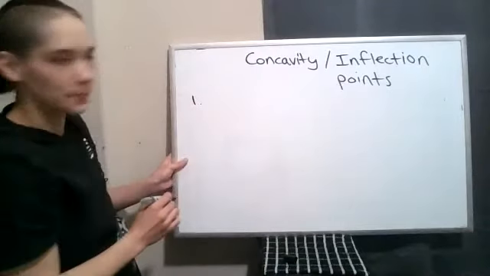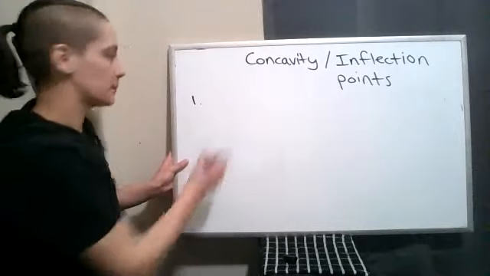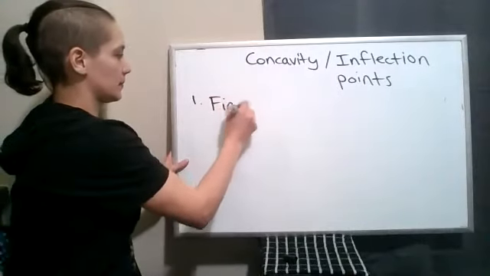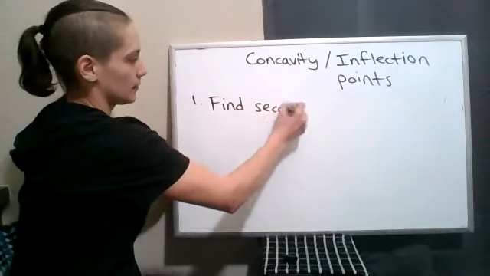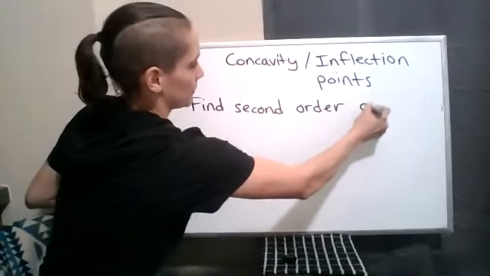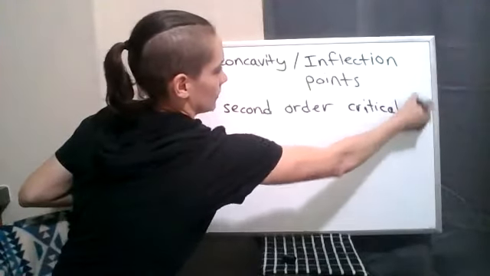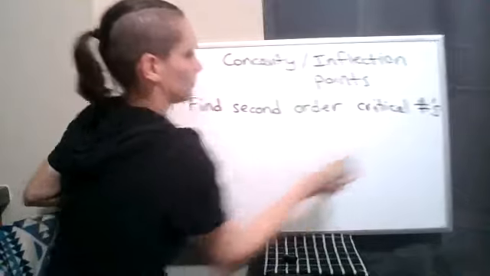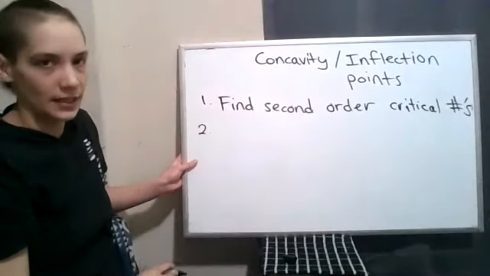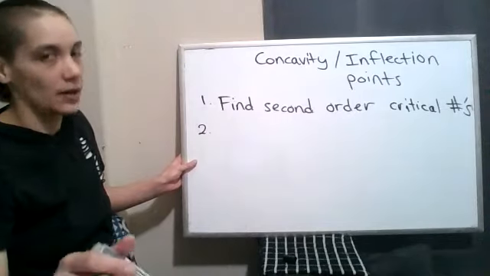So step 1, find second order critical numbers. Next, use step 1 to create test intervals on a number line.